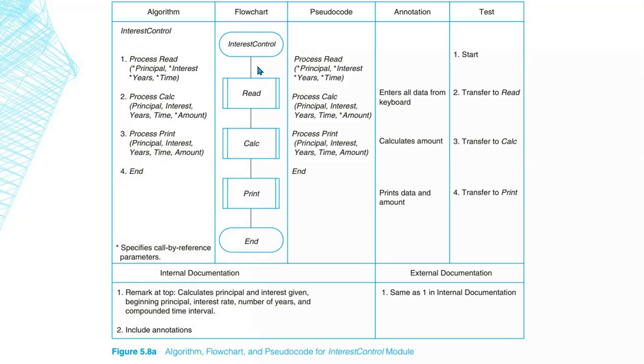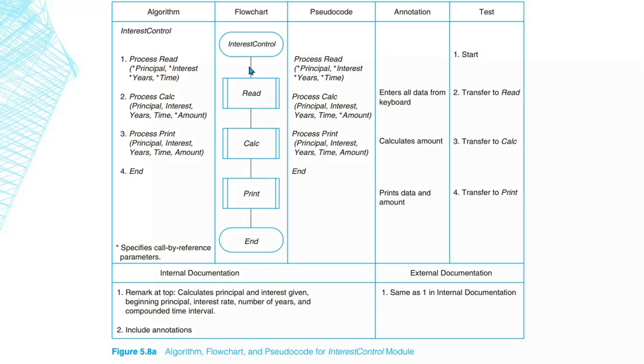So the flow chart for this is interest control in the ellipse. Then we process a model. So this is why we put it in a rectangle in the flow chart with double sides. So this is a model, not a statement or instruction. Then after that, the calculate model, then the print model, then the end. So it's sequential logic between all these models.